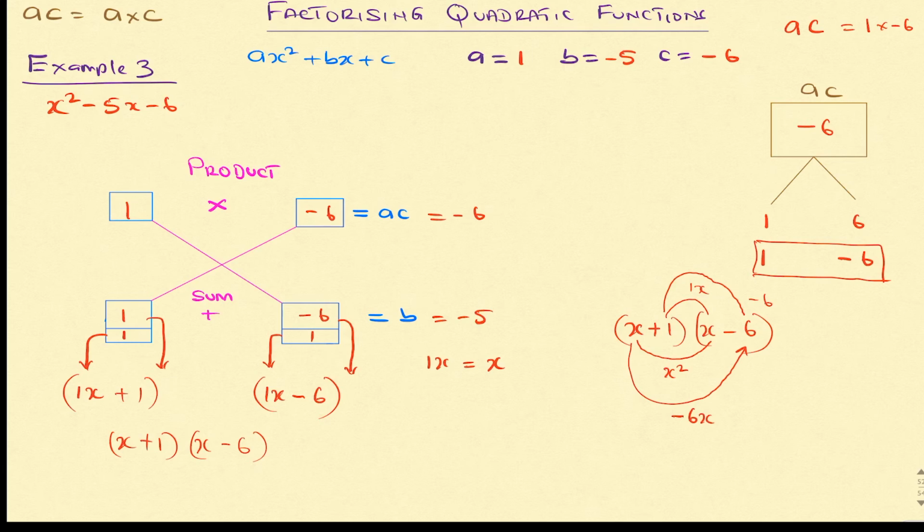So let's add them together. X squared minus 6x plus 1x minus 6. And that will give us x squared minus 5x minus 6. So we get back our original equation. Therefore, our factors are x plus 1, x minus 6.